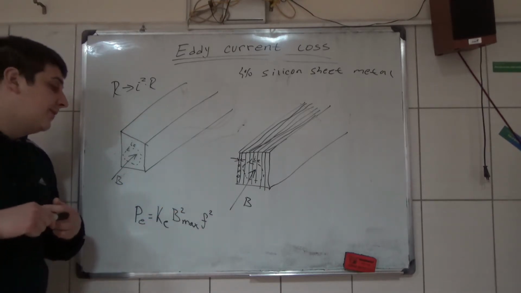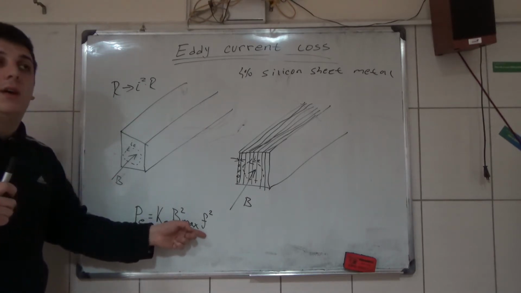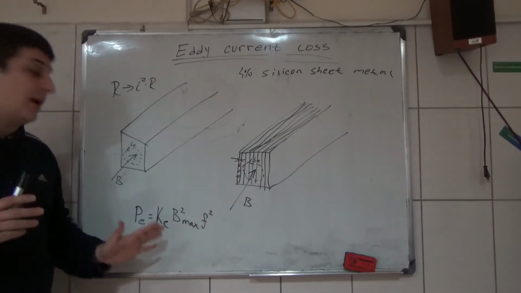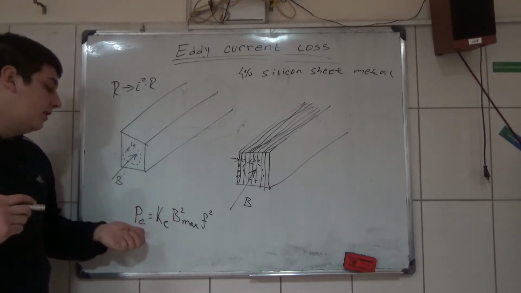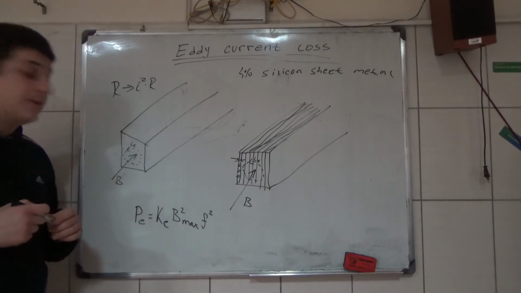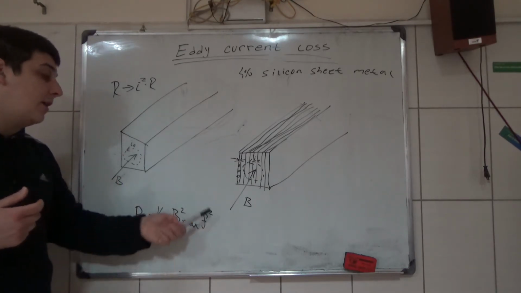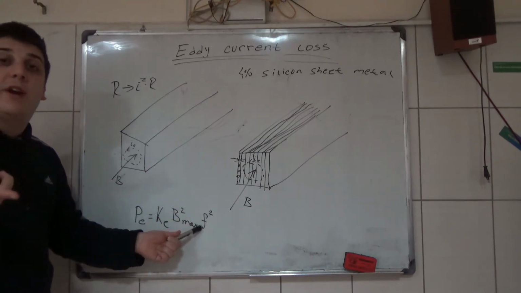As you can see, in hysteresis loss we had frequency that is not squared, it was just frequency, but here the eddy current power loss is directly proportional to the square of the frequency.